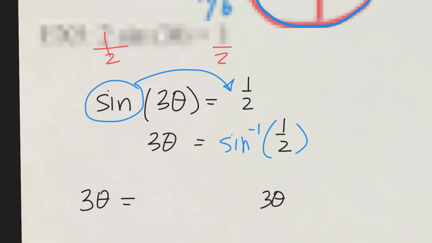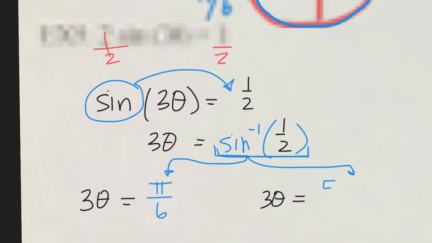There's 2 times for almost every angle. What's the first place on your unit circle where the sine is 1/2? Pi over 6. And the second place is 5 pi over 6. When we're solving simple trig equations, we're done, those are the answers. Well, now it's 3 times some angle equals pi over 6.